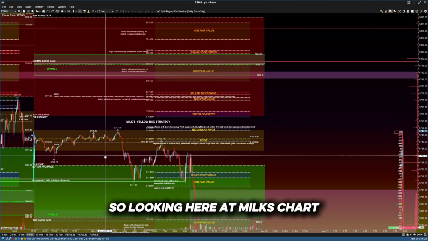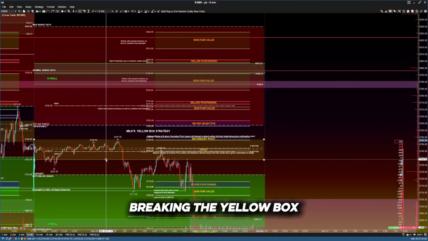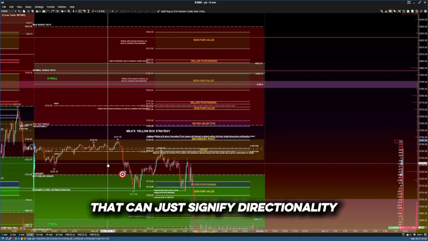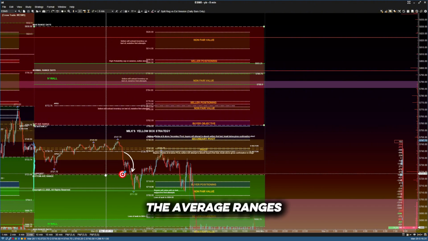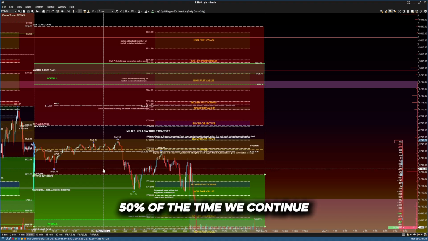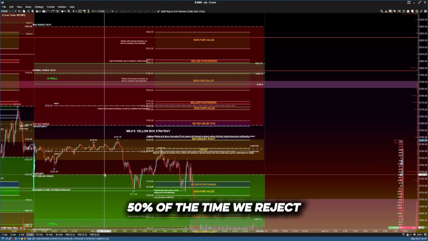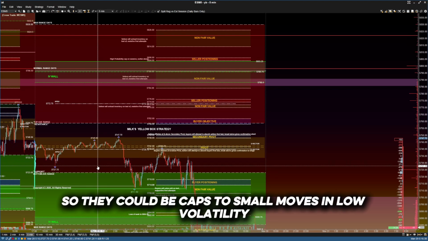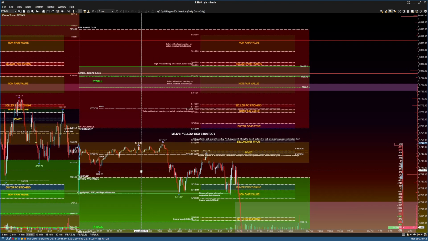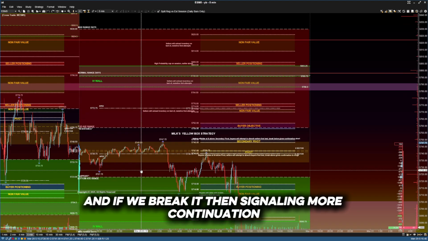So looking here at Milk's chart, breaking the yellow box can just signify directionality. The average ranges, we already know that according to that tool, 50% of the time we continue, 50% of the time we reject. So they could be caps to small moves in low volatility, and if we break it, then it signals more continuation.